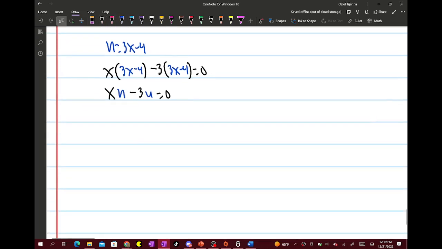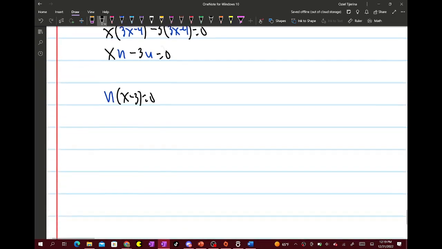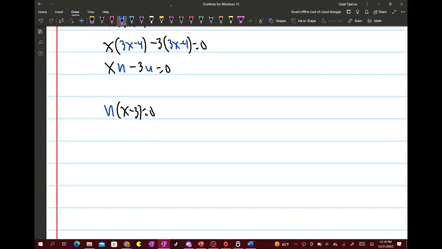Then you can factor out u, so u times x minus 3 equals 0. This becomes the quantity 3x minus 4 times x minus 3 equals 0.